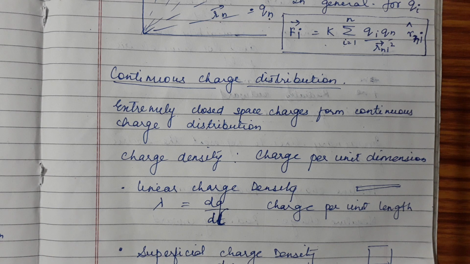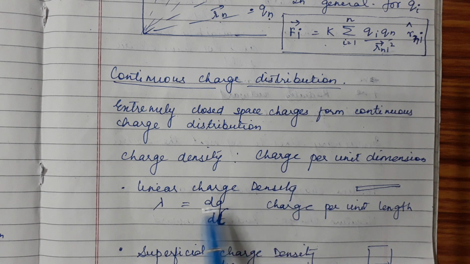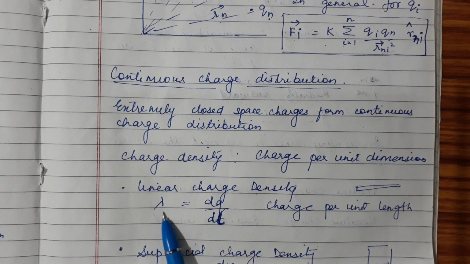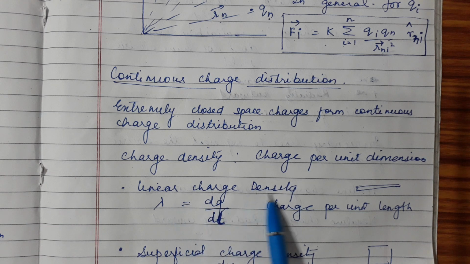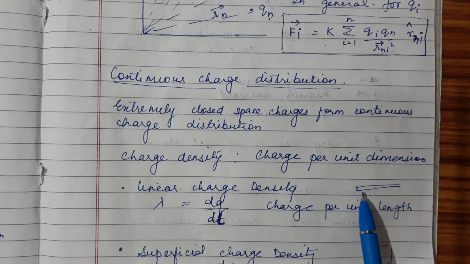Charge per unit dimension. There are three types of charge density. One is linear charge density, denoted by lambda. Lambda = dq/dl, where dq is a small charge and dl is a small length. This linear charge density is useful for finding continuous charge distribution in a rod. So linear charge density is charge per unit length.